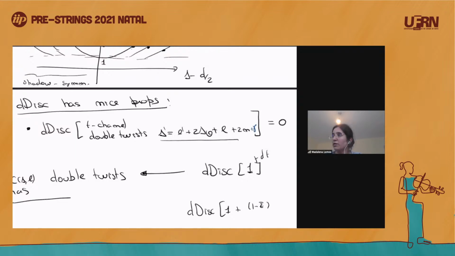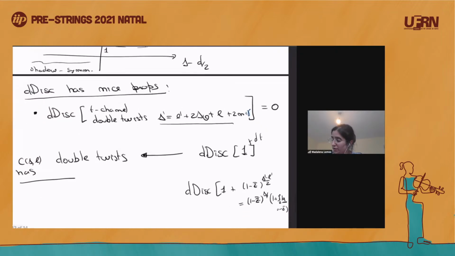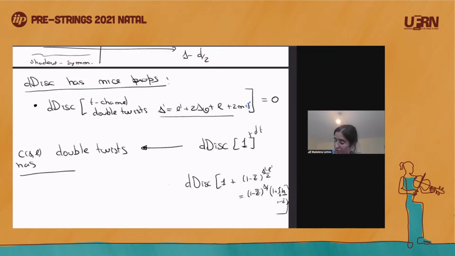So if you now recall everything we said in the light cone, things were contributing like this. But now if they're approximate double twist dimension, I get 1 minus z bar to the double twists. And then again a log of 1 minus z bar. But logs turn out to also have 0 double discontinuity. So they don't contribute. So at leading order, let me write now, first order in some perturbation.